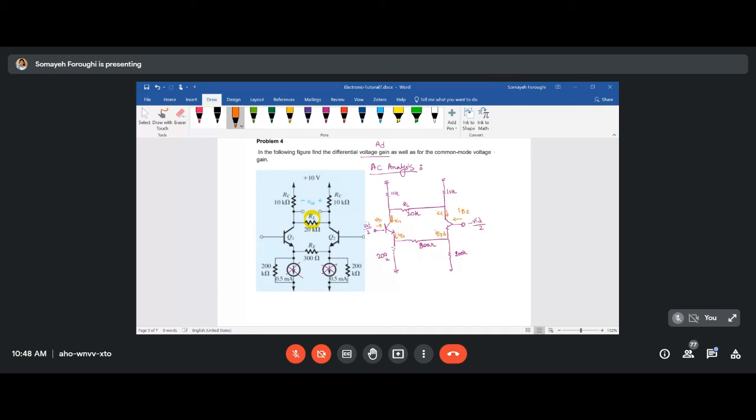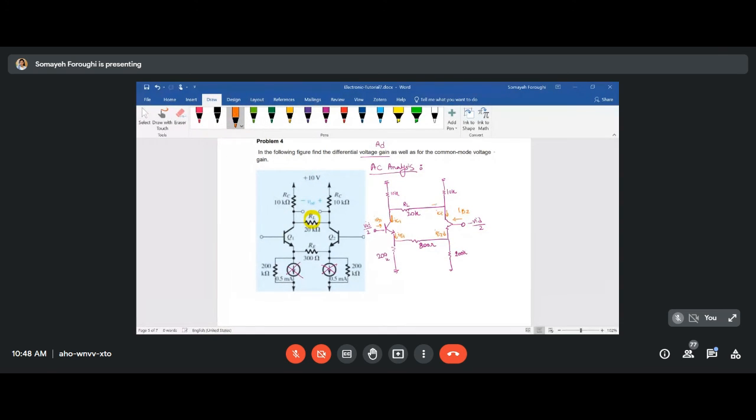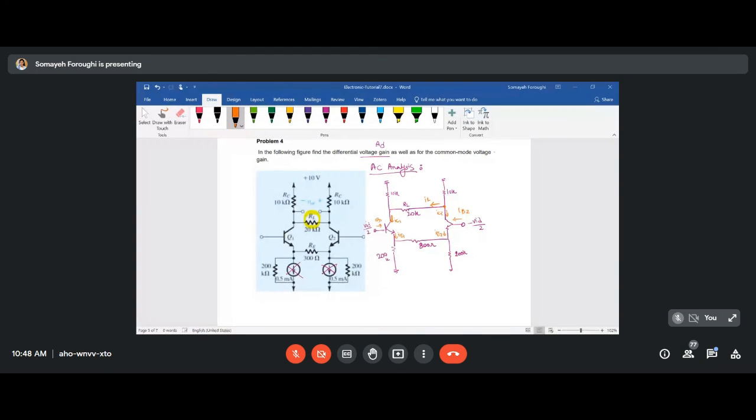But what happened? What is the current passing through 10K? Let me name this the current passing through the load, IL. Then here I'm gonna have, let me name it I2, another current passing through the collector resistance in Q2.